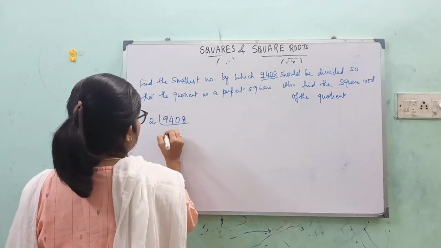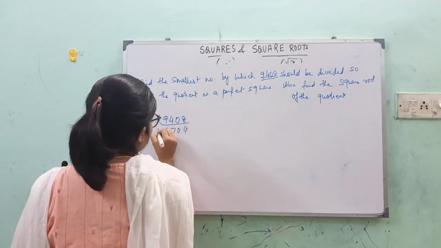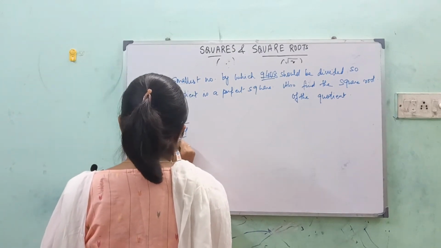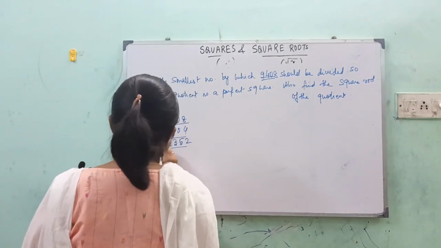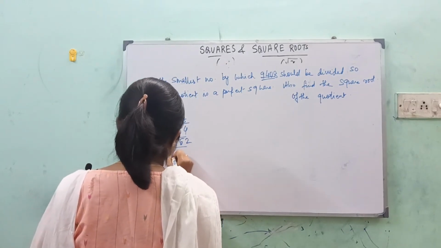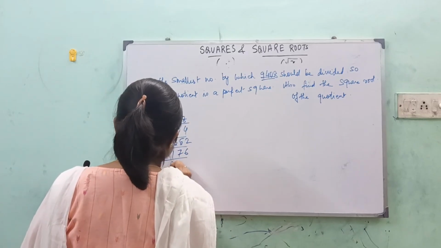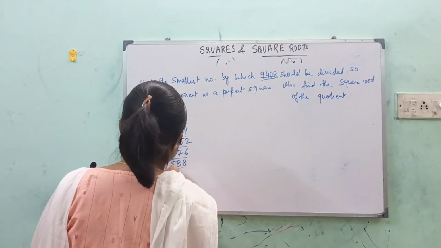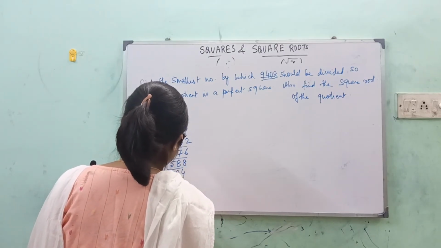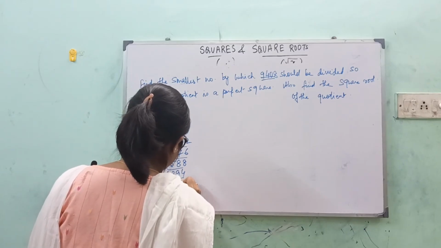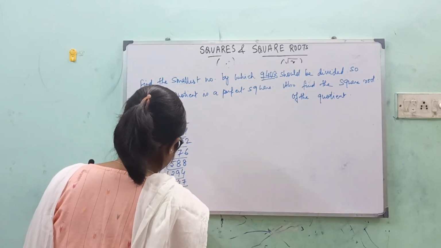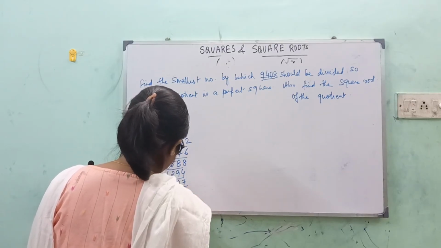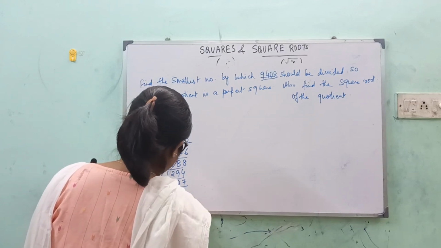So this divided by 2, that is your 4704, 2352, 1176, 588, 294, 147, 49, 7.